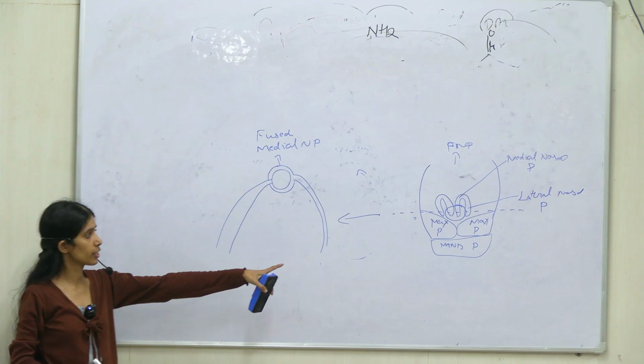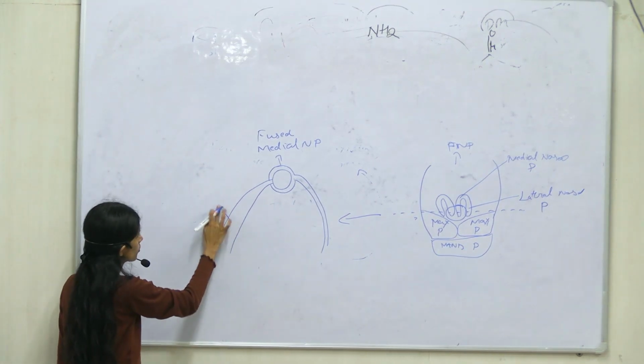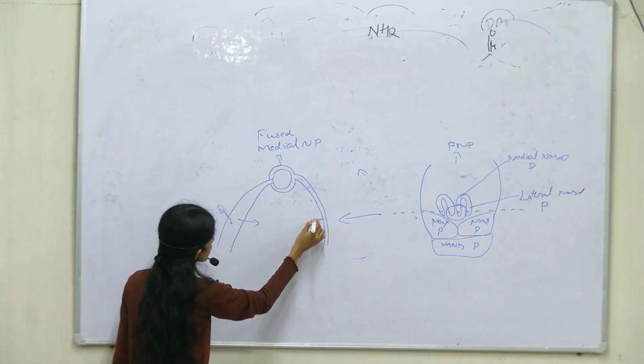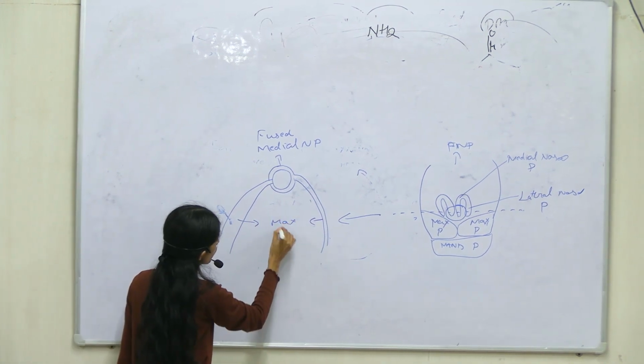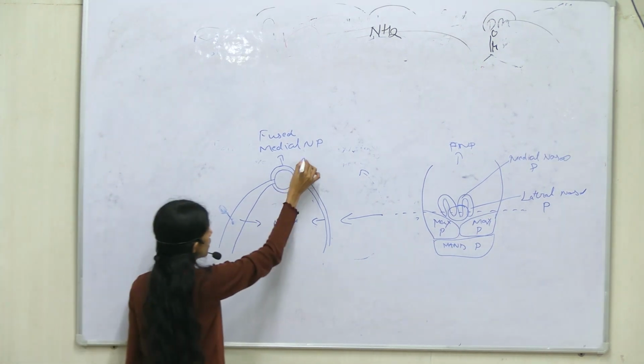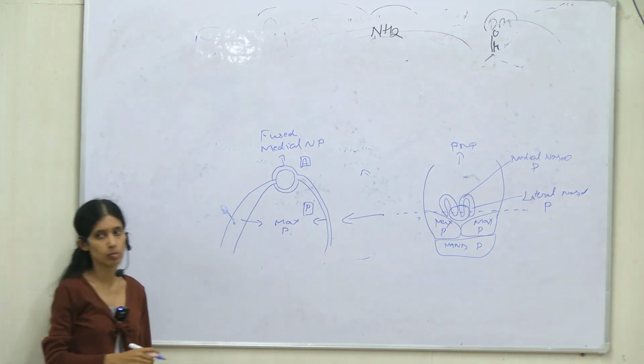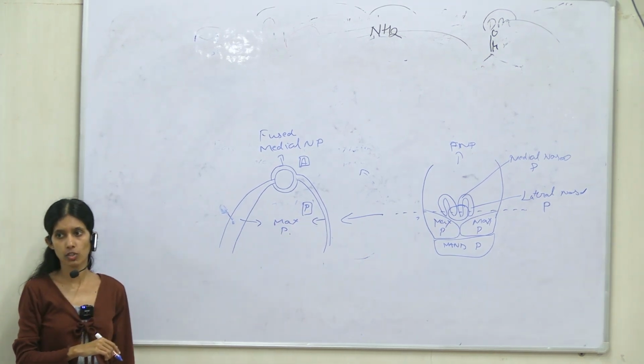On either side to that, we have maxillary process. So, this is the maxillary process, okay. And this is the anterior aspect, and this is the posterior aspect in the horizontal section, okay.